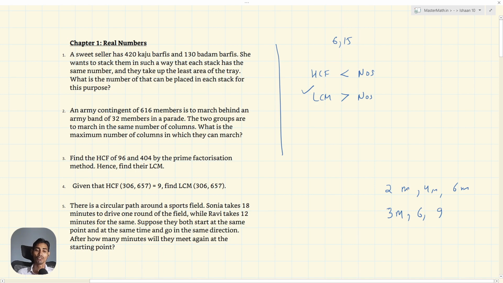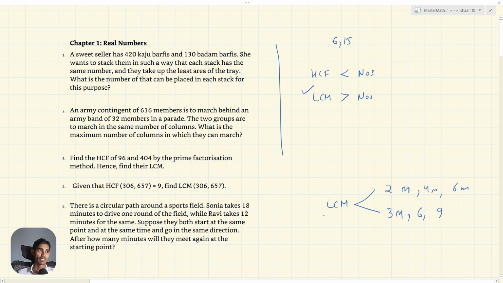Now if I ask when they would meet next, how do we decide after how many meters they would meet next? The answer is going to be greater than 2 and 3, right? They won't meet at 2, they won't meet at 3, that's for sure. So the answer is 100% sure to be greater than the two given numbers. So intuitively what we have to find here is LCM.